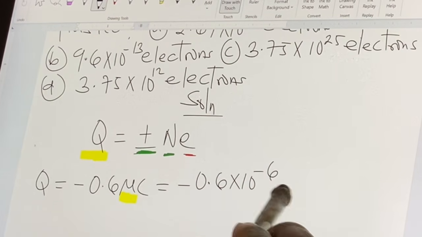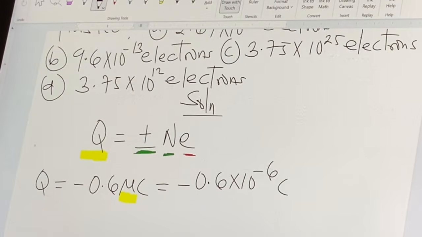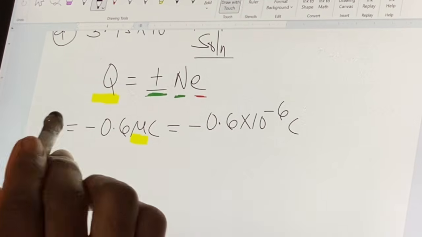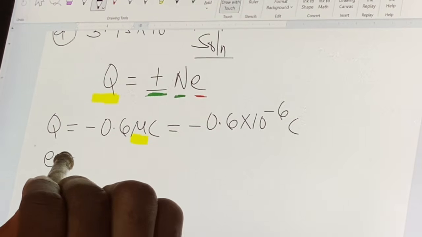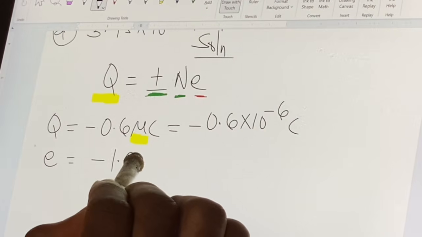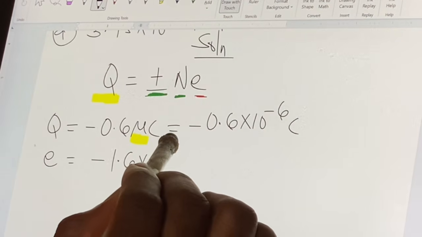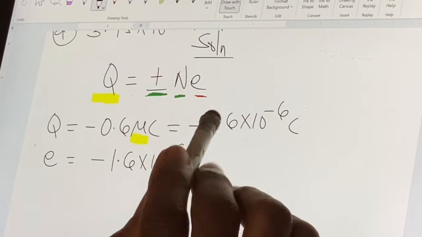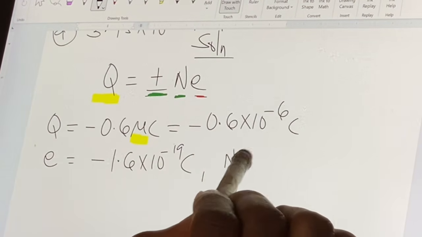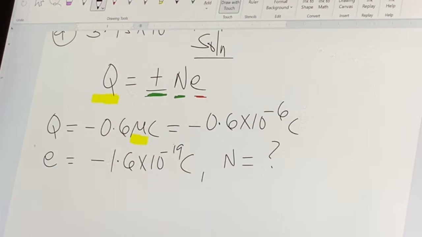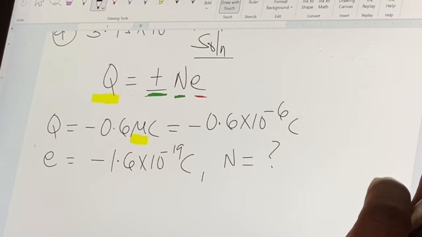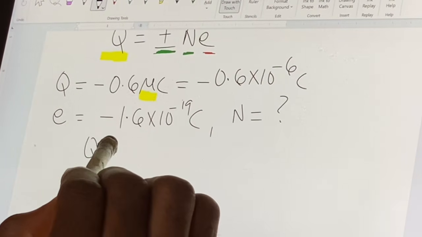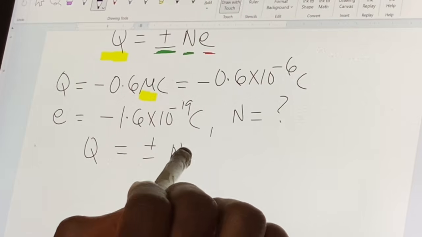The next given to us here is the said electron, and the value for electron E is given to us as minus 1.6 times 10 raised to power minus 19 coulombs. Please take note. And we are asked to find the number of electrons, which is N. So let's replace the values in this formula, Q equal to plus or minus NE.